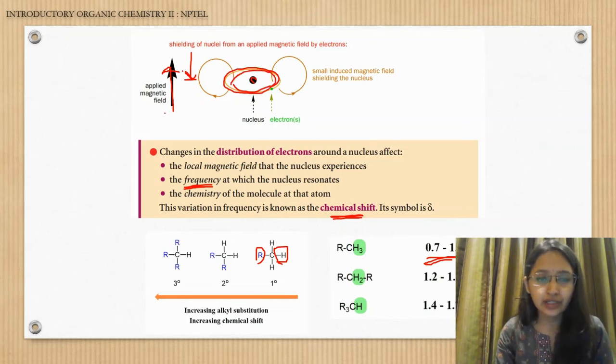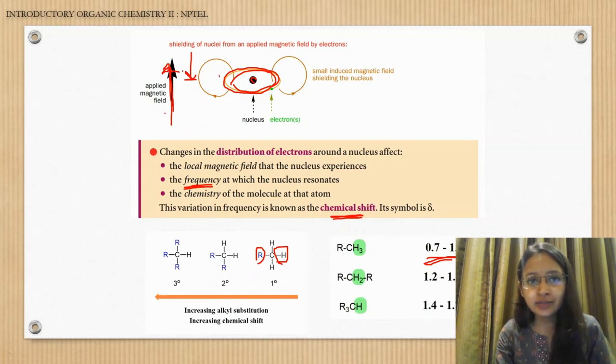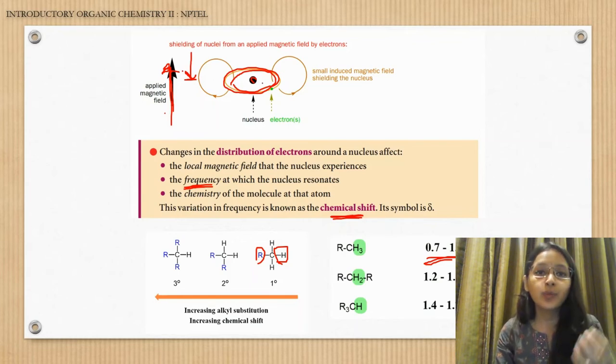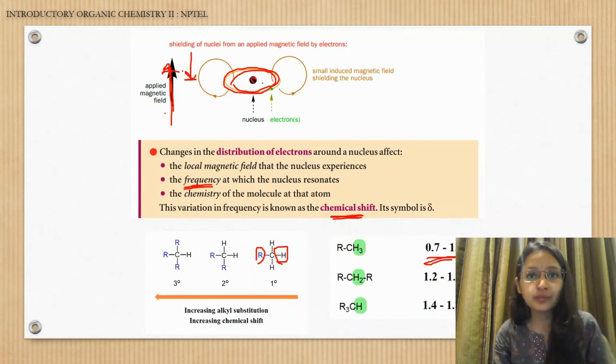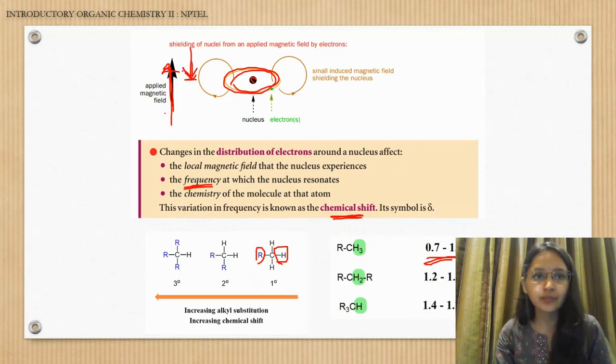If you have applied a magnetic field in the direction of the proton, then the electron density surrounding this proton will induce a further magnetic field in the opposite direction of the applied magnetic field. So now the electron density of this nucleus is opposing the applied magnetic field. You have applied something, and on the counter side there is something opposing.